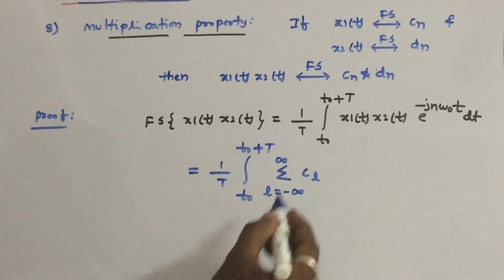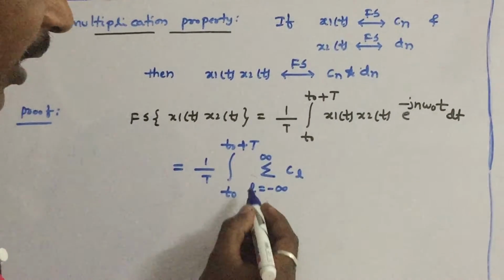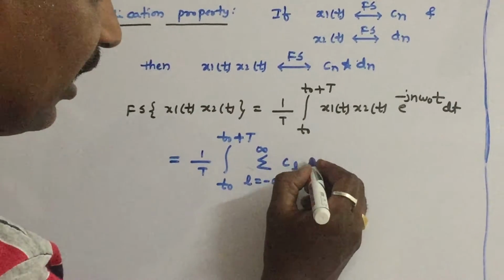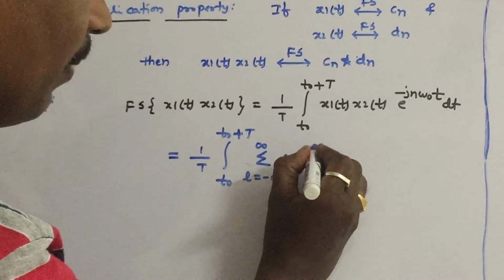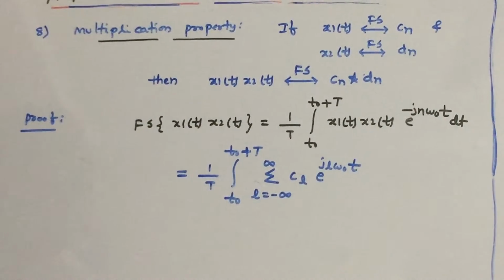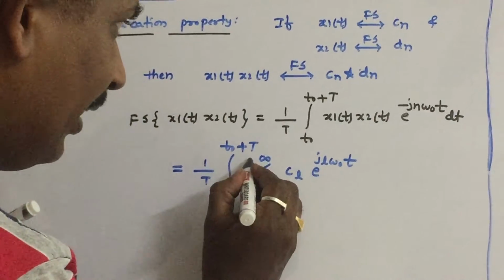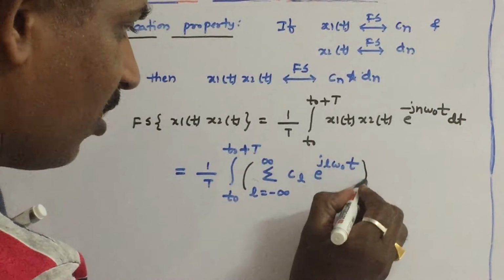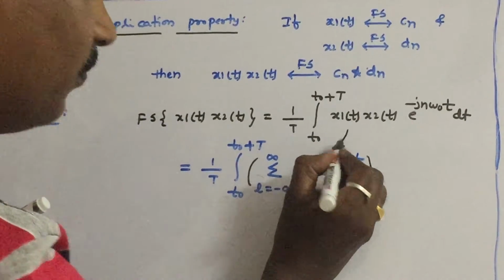So summation L is equal to minus infinity to infinity CL into e power j L omega 0 t. Just write the exponential Fourier series of x1 of t.